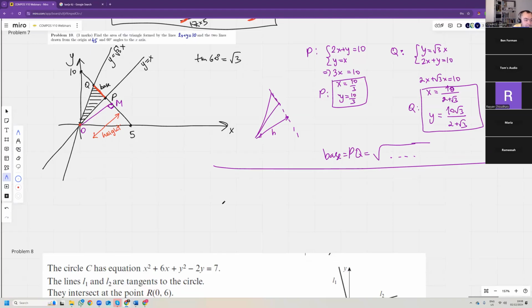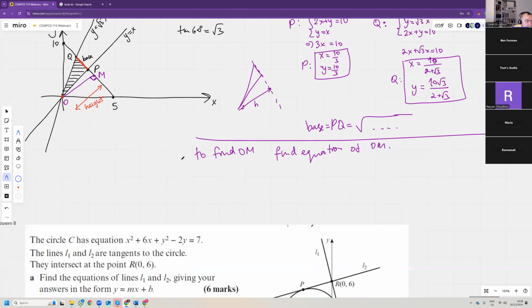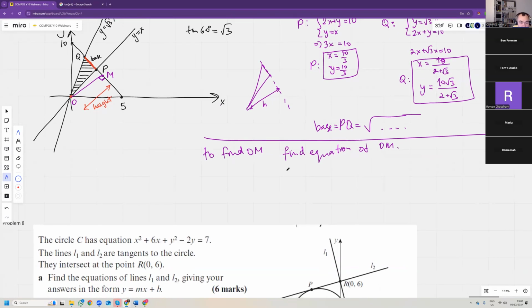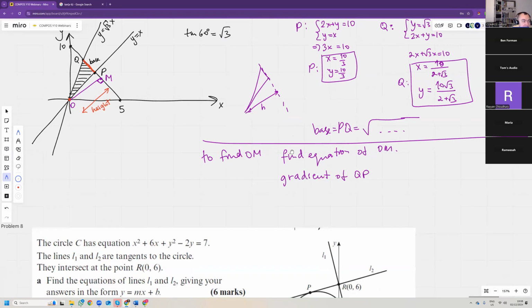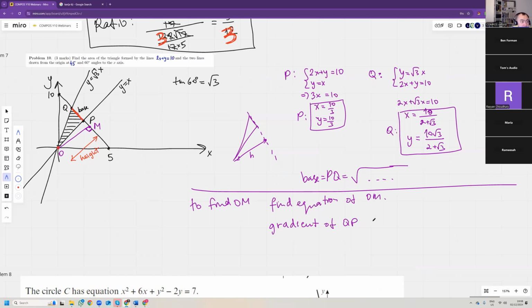Now, if you want to find OM, find the equation of OM first. Because the gradient of QP, that's that line, is minus 2, the gradient of OM is perpendicular, so it has to be 1/2.